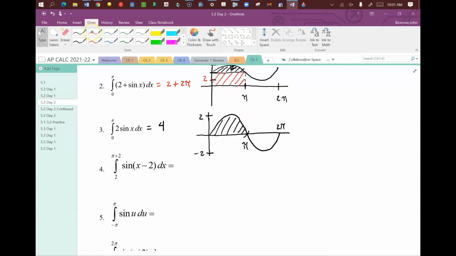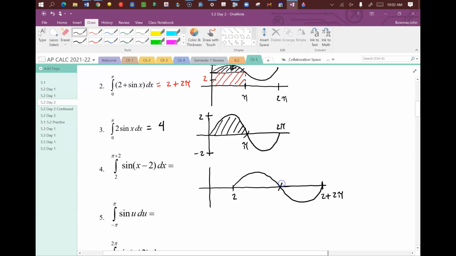In number 4, we are taking the sine function and we are shifting it to the right 2 units. So we will take that and graph it, and instead of starting at 0, I am going to start here at 2, and the sine function looks like this. And remember, the period is still 2 pi, so this point is going to be 2 plus 2 pi, and this point is going to be 2 plus pi, or pi plus 2.